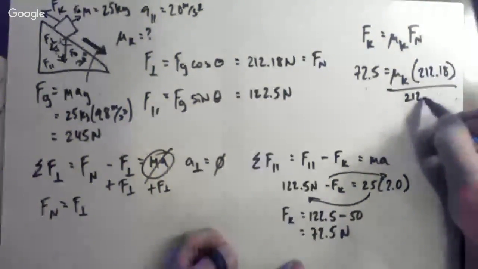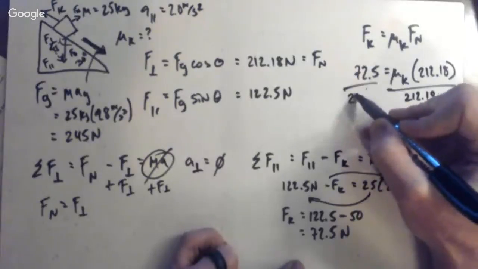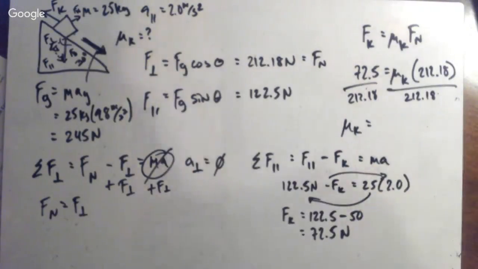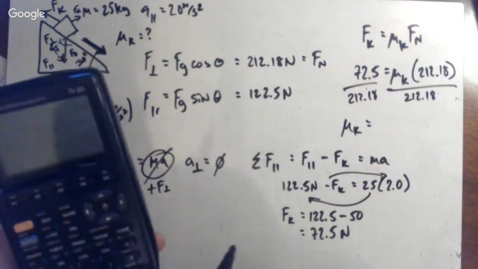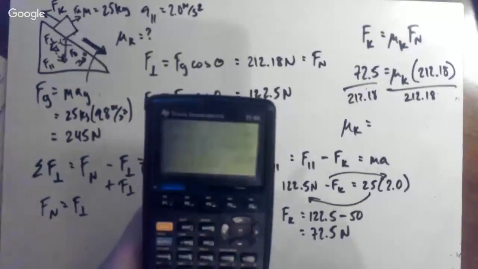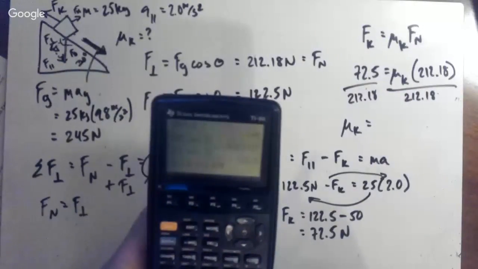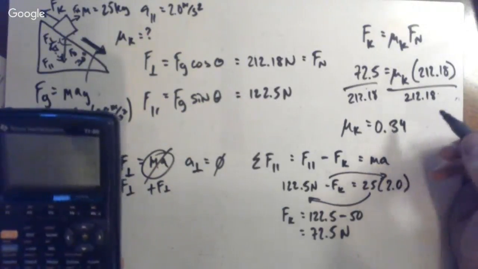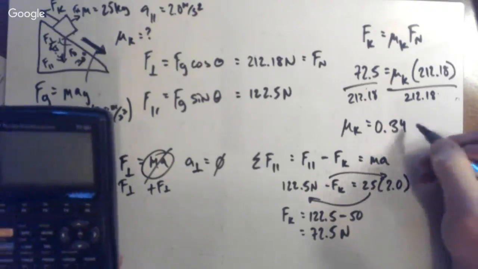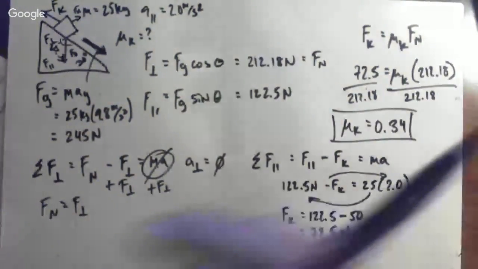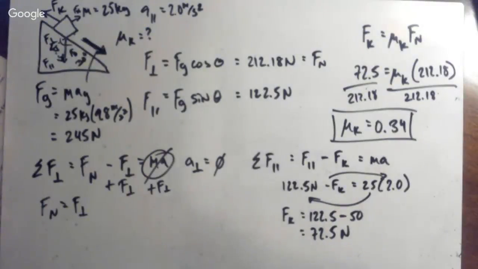Divide both sides by 212.18, and mu k is equal to 72.5 divided by 212.18, which is 0.34. There we go. Answer to this question. Bingo, bango, done.